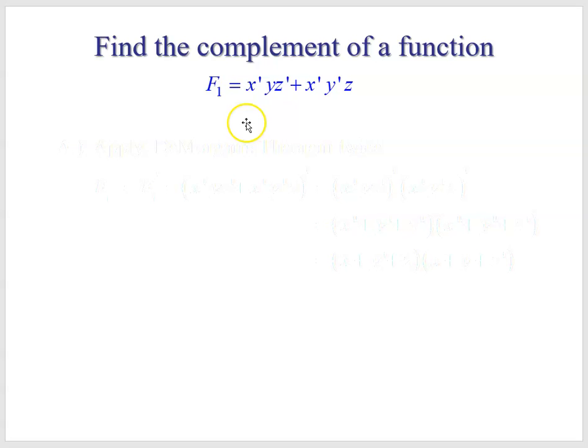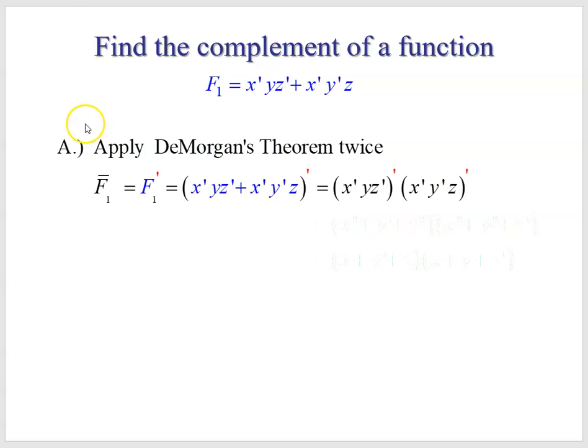So if we want to find the complement of this function here, we can do that with both of the 2 methods. We could use De Morgan's theorem twice. So we have our f, and typically I'll be using f prime, but I also want to show that f with a bar over it also means the complement of the function f, and this is f1. So we substitute in for f1 our algebraic expression, and we put that in parentheses and then complement the entire function.